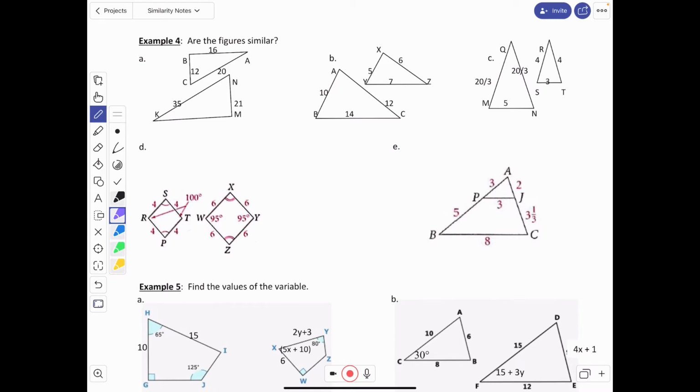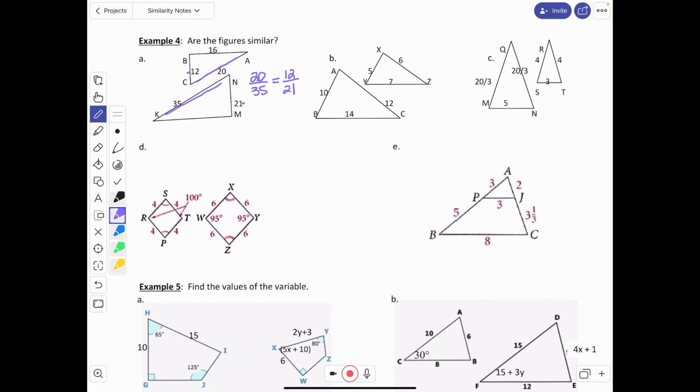We don't know for sure, but what I can look at here is I know that I can compare these two sides for sure. So I'm going to set up a proportion. 20 is to 35. And if I were to flip this top triangle around, I can use the 12 and the 21. So 12 over 21.